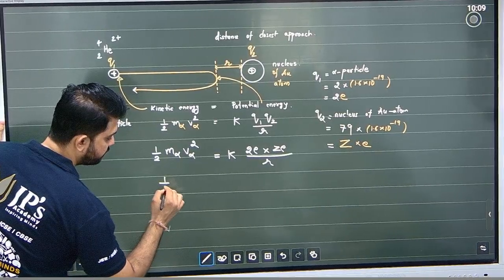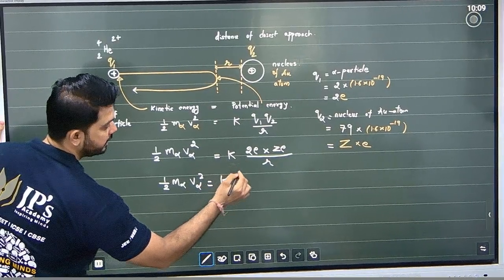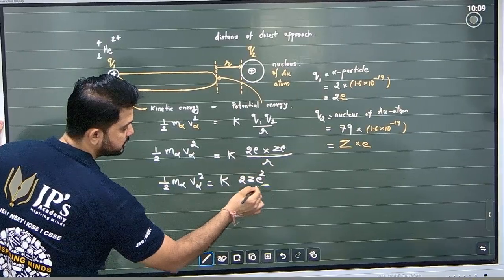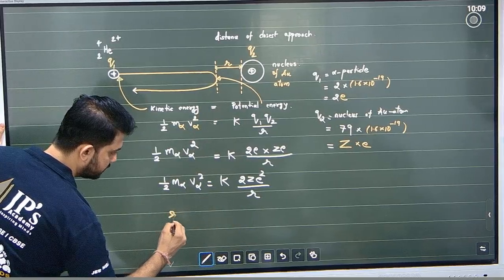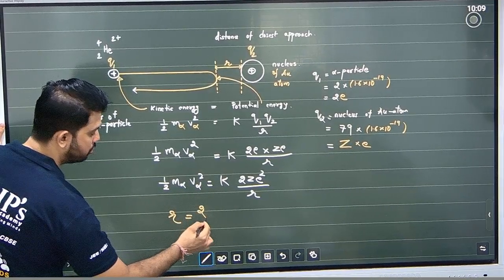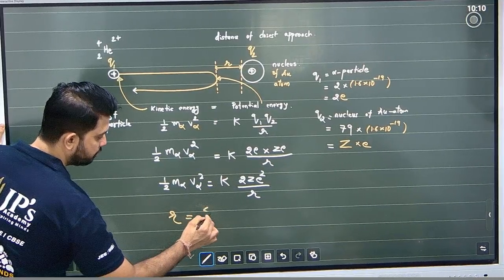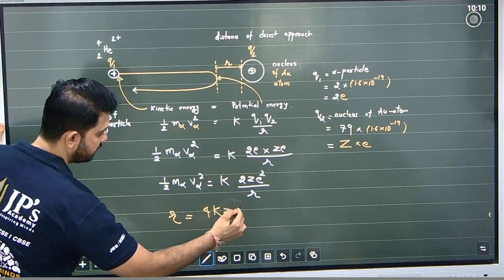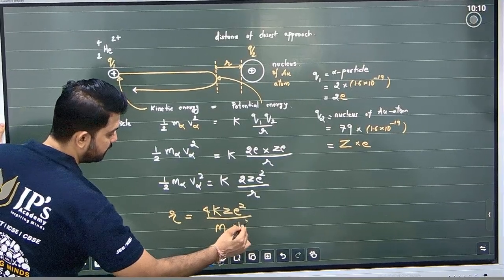Therefore half m alpha v alpha squared is k into 2Ze into e, which is e squared, upon r, and I want the radius r. r इधर आ गया. पूरा फॉर्मूला क्या हो जाएगा? r equals 2k, 2 into 2, so 4kZe squared upon m alpha v alpha squared.